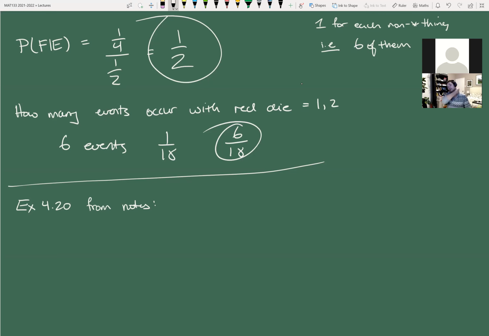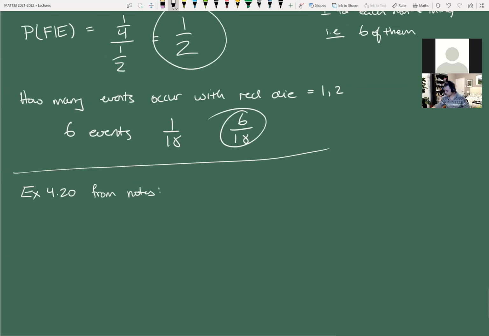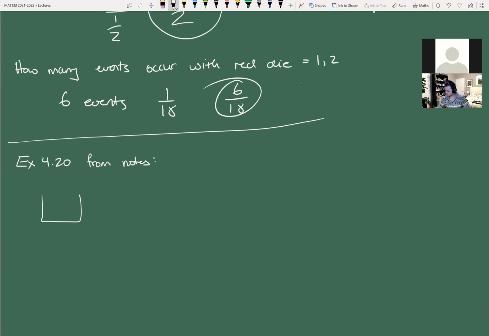So it says, suppose you are given 2 bags. The first bag contains 2 white balls. Always draw your pictures, right? So bag 1 has 2 white balls and a black ball. And then the second bag is 2 black and 2 white.